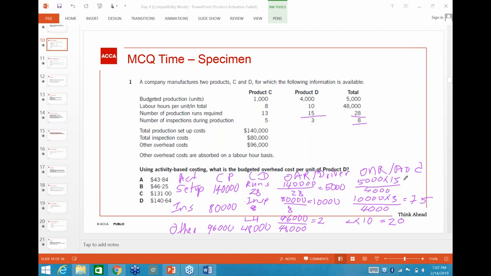So that gives me 18.75. Giving me an answer of 46.25. B for boy. So that's how you do ABC if I'm to show you as a practice question.